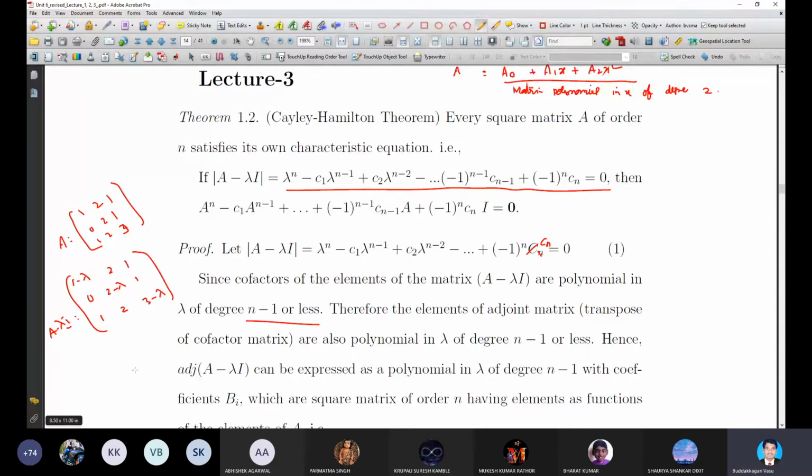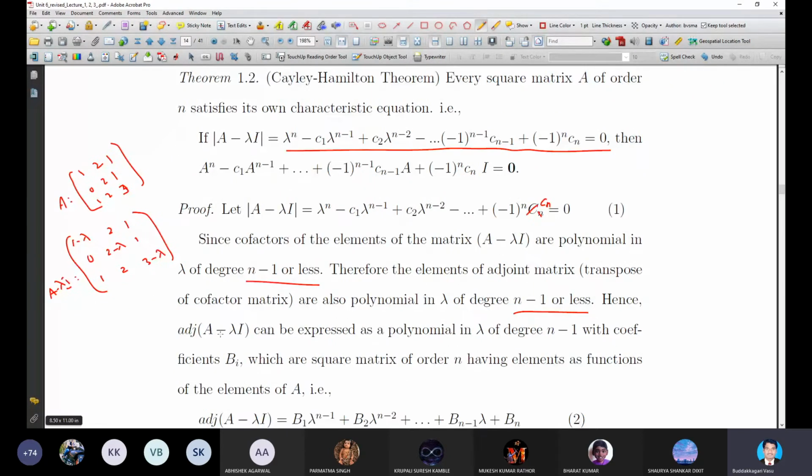Hence, the adjoint of A minus lambda I can be expressed as a polynomial in lambda of degree n minus 1.